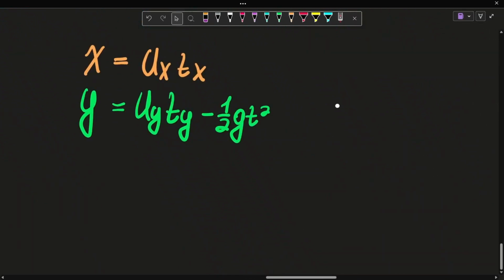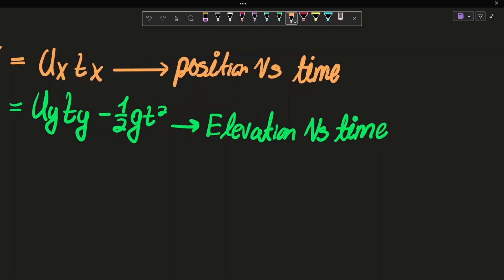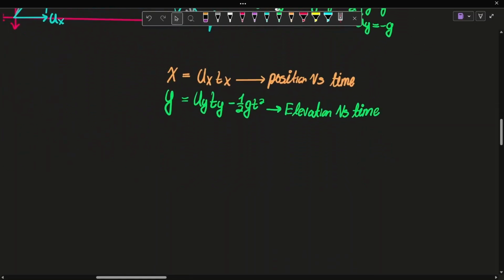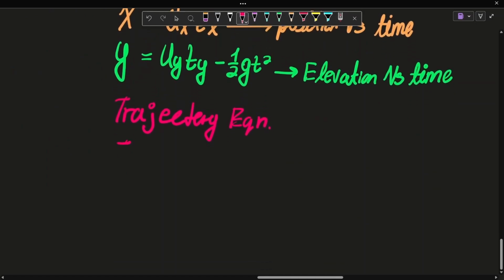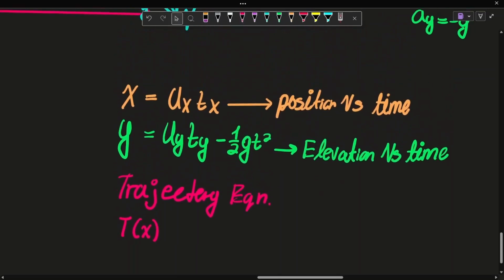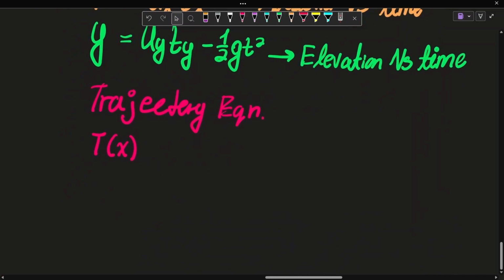So now let's make an actual big equation. We have these two position equations, and we can make something called the trajectory equation, which is no longer a function of time, but a function of x itself. So given some position along the x, we can find where we are along the y.